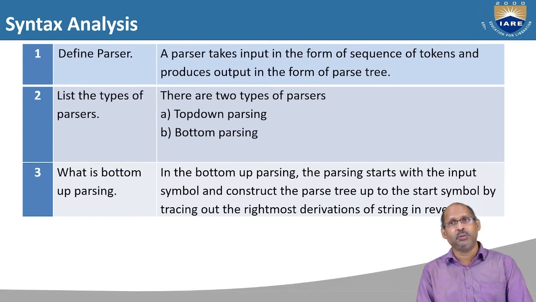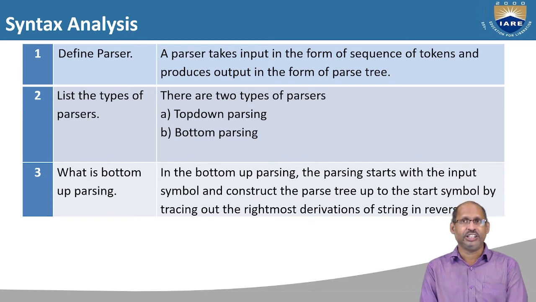So the top-down parsing method means we construct a tree from the root to the leaves. In the bottom-up parsing method, first we consider the leaves, then we group them to construct the root. Top-down is from the root to the terminals, the leaves of the tree.